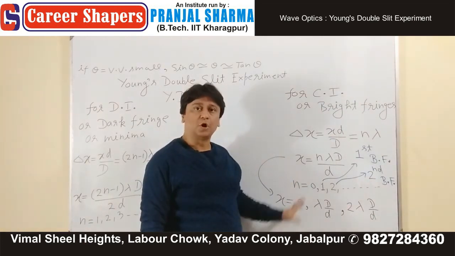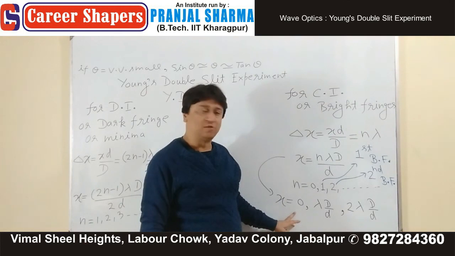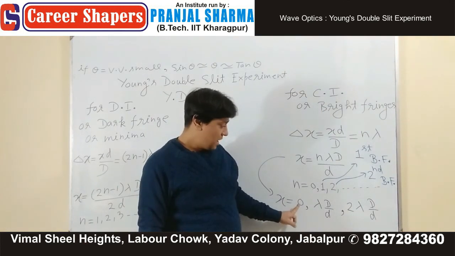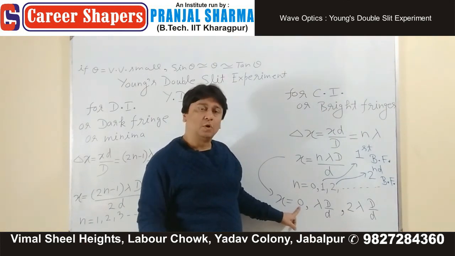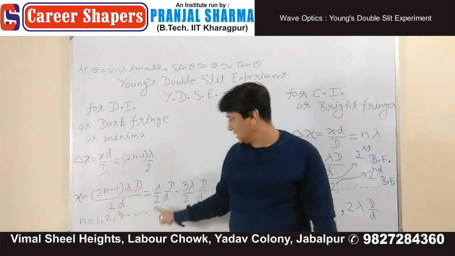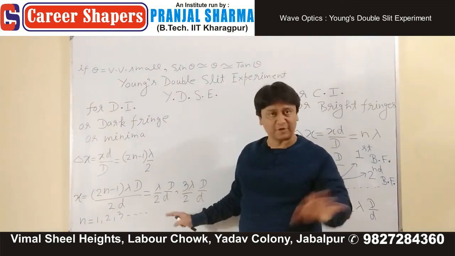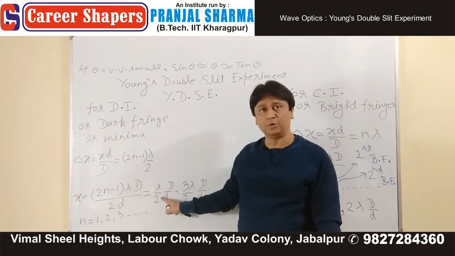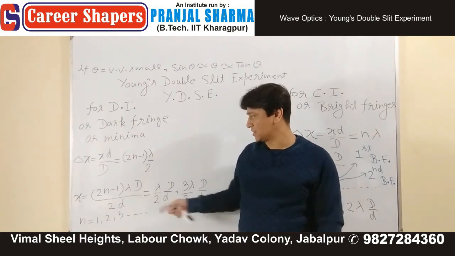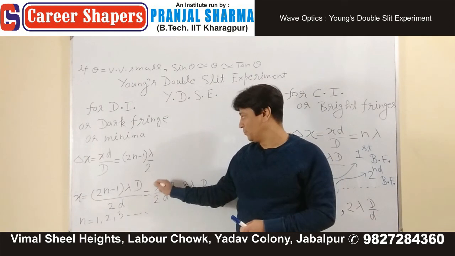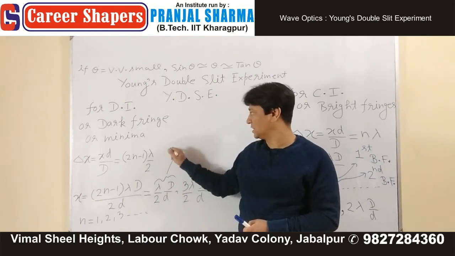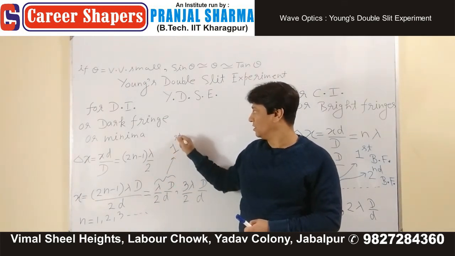Now, when n is 0, in this case, you got central maxima, central bright fringe. After 0, what will be the value of x? Lambda by 2. Forget about D upon d for the time being. Lambda by 2 is your first dark fringe, the position of first dark fringe.